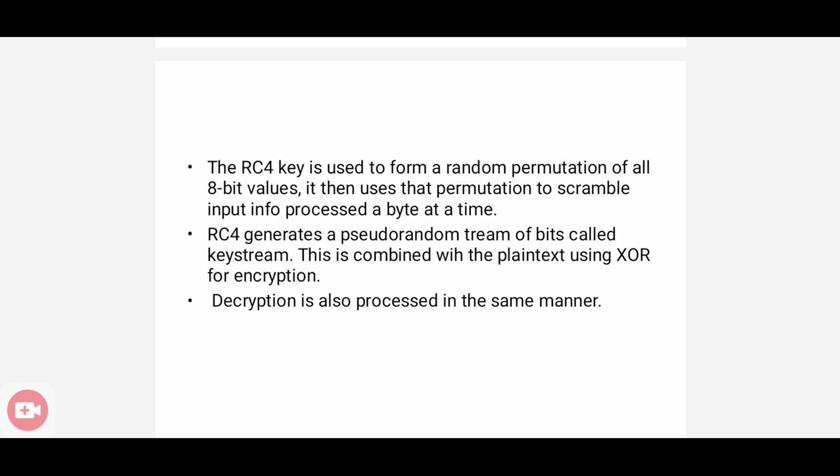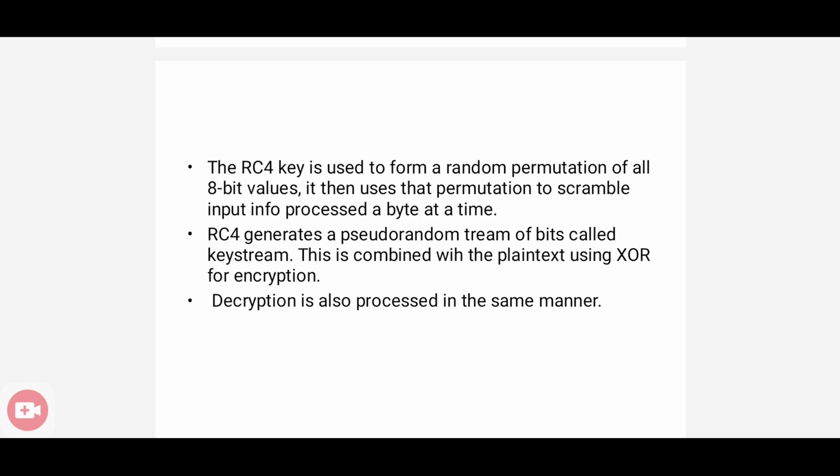That is, we have two inputs: one is the plain text and the other is the key stream. Where do we get this key stream? The key stream is the output of the pseudo random generator, which takes the key as input. By XORing the plain text with the key stream, we get the cipher text. In the decryption procedure, the inputs are the cipher text and the key stream.